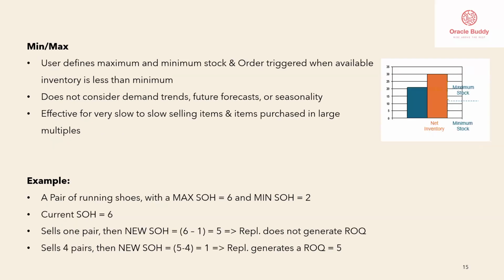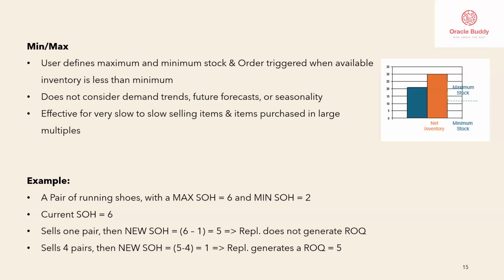Next is min max. Users define a maximum and minimum stock, and an order is triggered when available inventory is less than the minimum. It does not consider demand trends, future forecast or seasonality. It is effective for very slow to slow selling items and items purchased in large multiples. Example, a pair of running shoes with maximum stock on hand of 6 and minimum stock on hand of 2. Current stock on hand is 6.